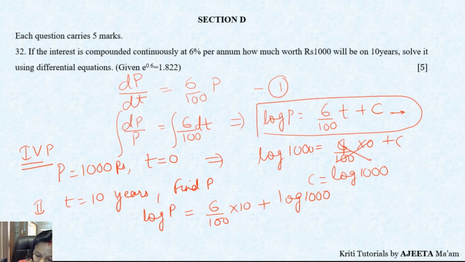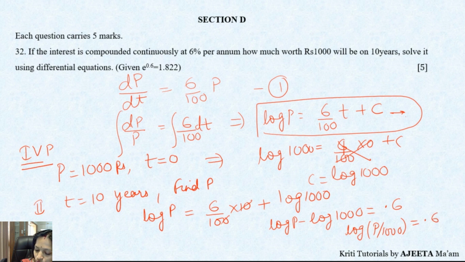Now let's calculate this. If I take log P and log 1000 on one side, log P minus log 1000 equals 0.6, since 10 and 100 will cancel. Now what will you get? log of P by 1000 is equal to 0.6, right? That is what you have.